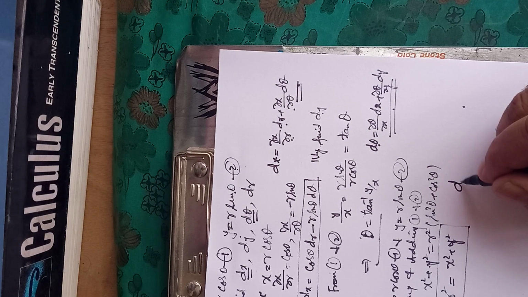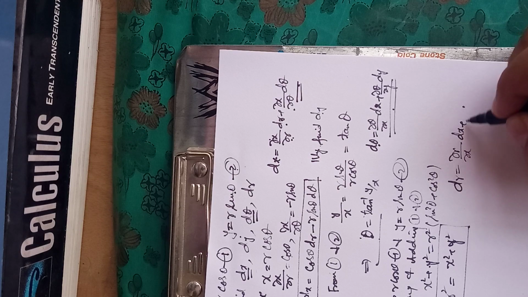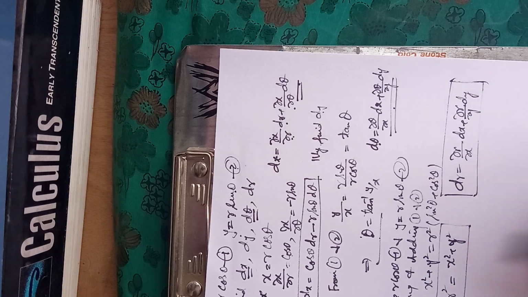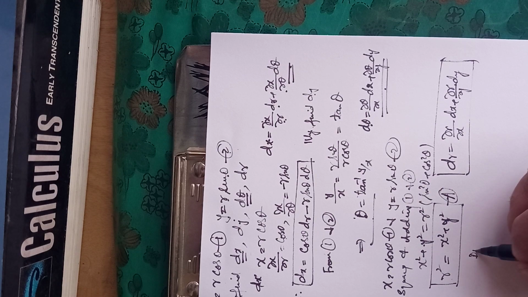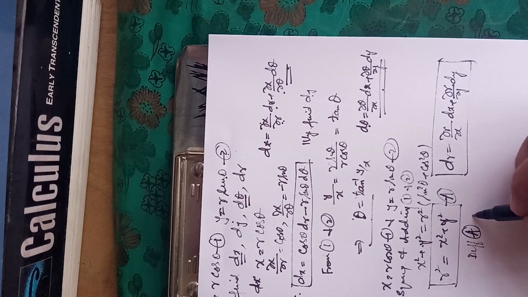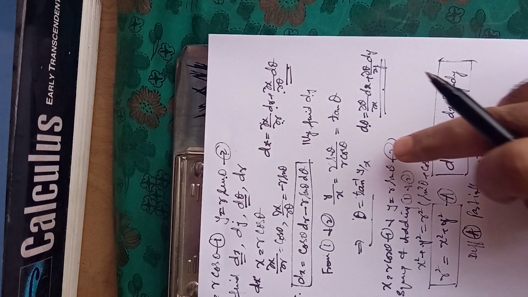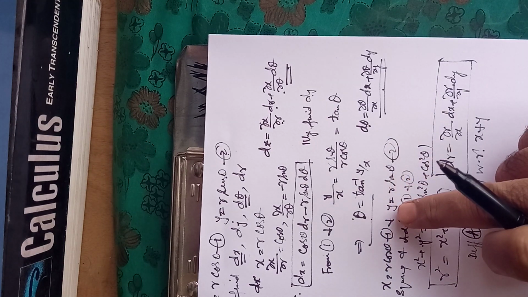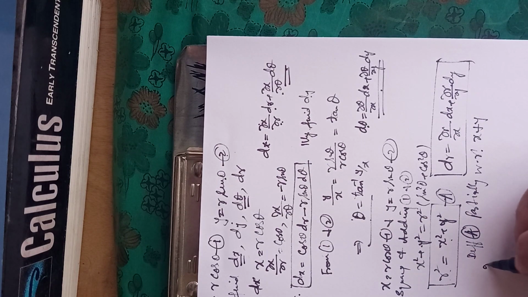So if I have to find dr, then it will be del r by del x dx plus del r by del y dy. Fine. So it is quite easy to find del r by del x and del r by del y. From this, say this is a, differentiate a partially with respect to x and y, because r is a function of x and y. Here it will be very difficult to find r in terms of y and theta, or in terms of x and theta. So here r is a function of x and y. I will get 2r del r by del x equal to 2x.